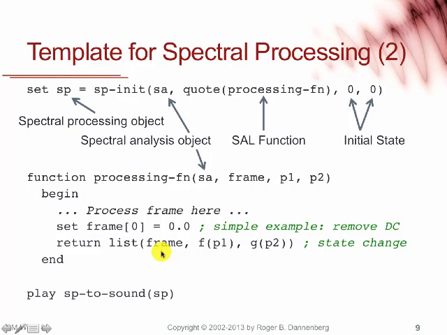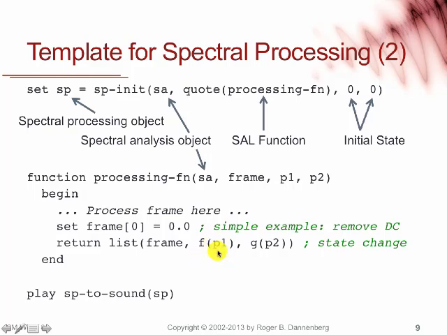And then be careful about the return. We want to return not only the frame after processing, or constructing a new frame, whatever, but we also want to return the new values of the state of the object. So if the state doesn't change, just return P1 and P2 in this list. If you want to, P1 might change.